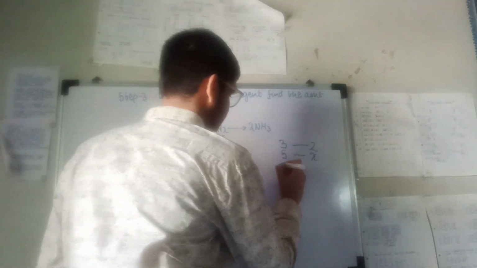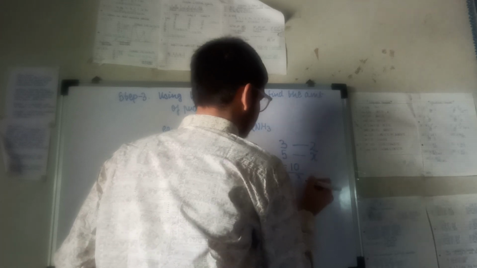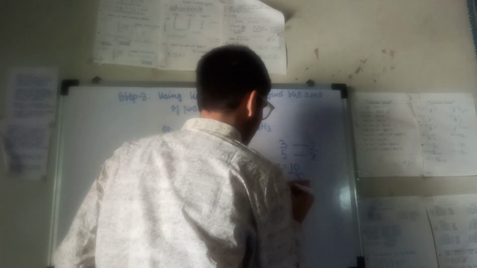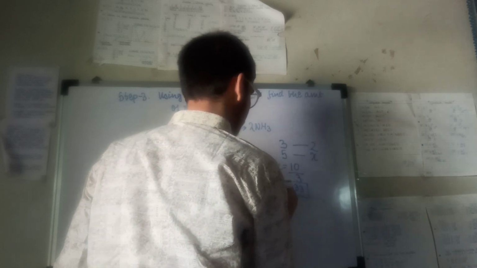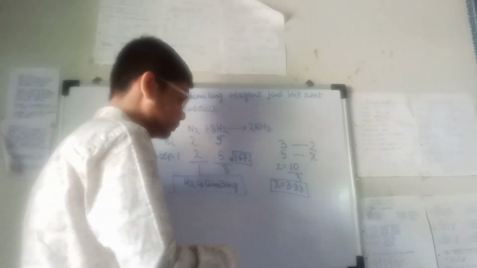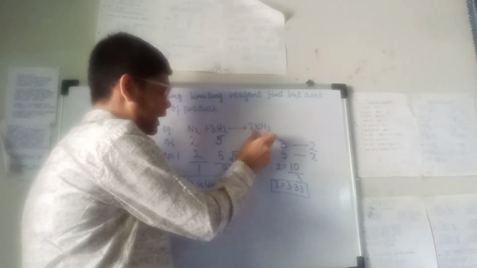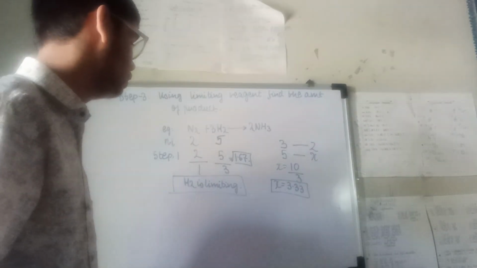Calculate it. x is equal to 10 by 3, which is 3.33. So the moles of NH3 formed are 3.33.